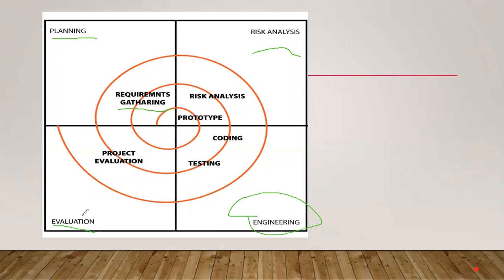So this is about the 4 phases of a spiral model. So why are we calling it a spiral model? First of all, the activities will be done like a spiral, which means for doing one task, then a second task, third task, fourth task, we are performing spiral activities.